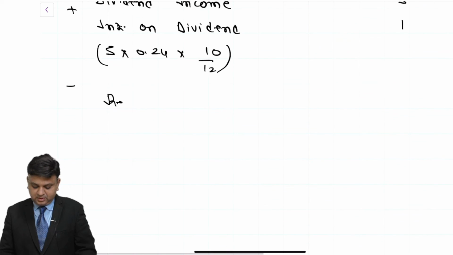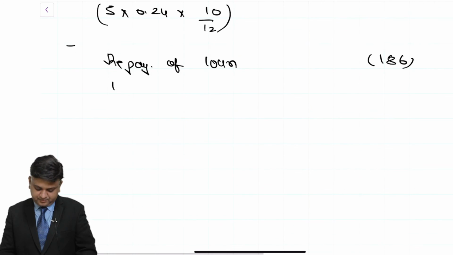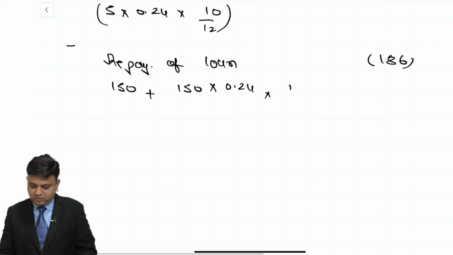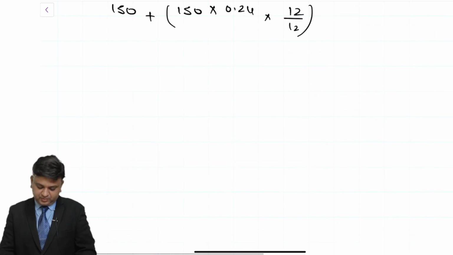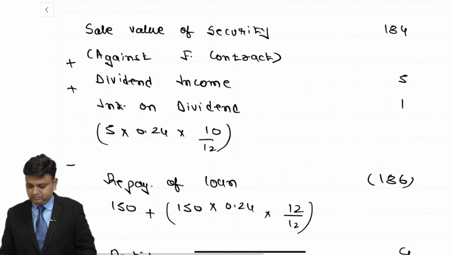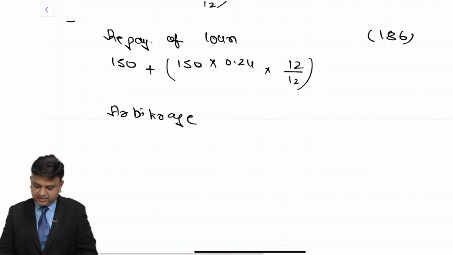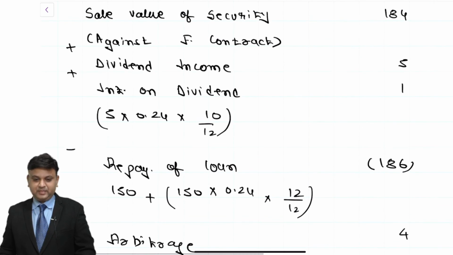Last, repayment of loan rupees 186, that is 150 plus 150 into 24% into 12 divided by 12. So with that, you will have an arbitrage of rupees 4. This is the way the amount of the arbitrage is calculated. Please write an answer.